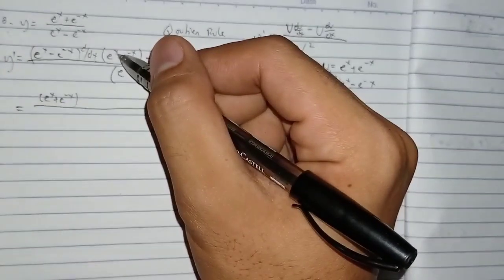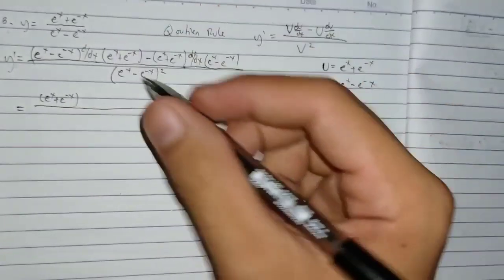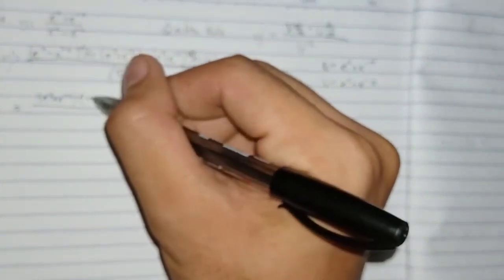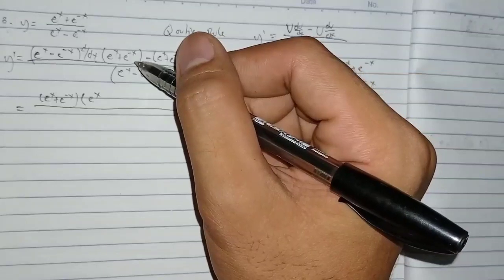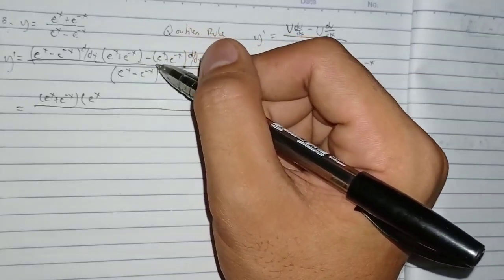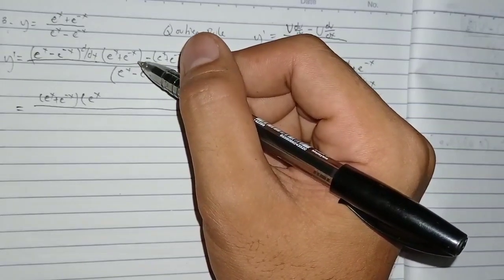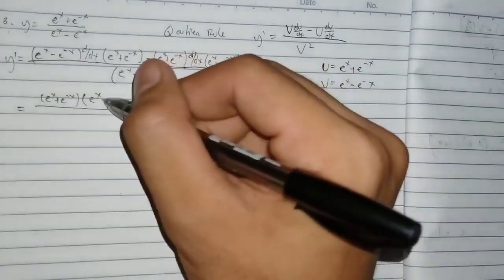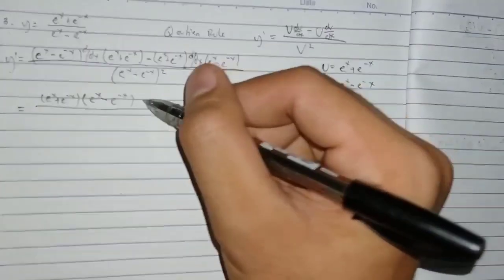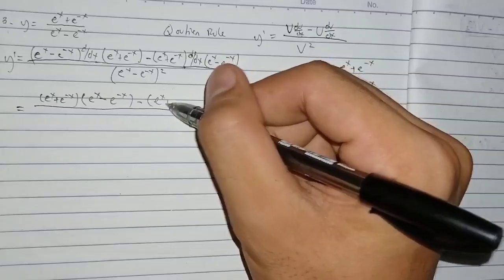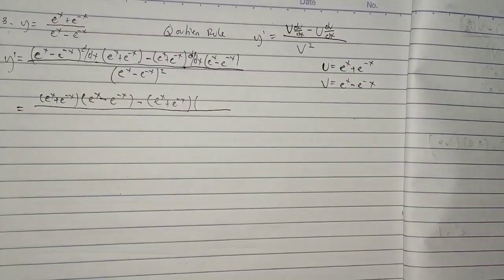So the derivative of x is 1, e times 1 is just simply e to the x, plus the derivative of negative x is negative 1, so e to the negative x times negative 1 will become negative e to the negative x, minus e to the x plus e to the negative x times the derivative of our denominator.